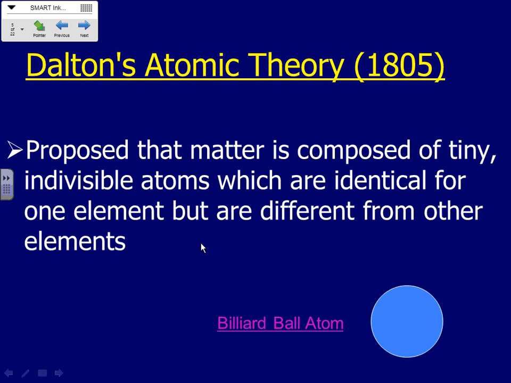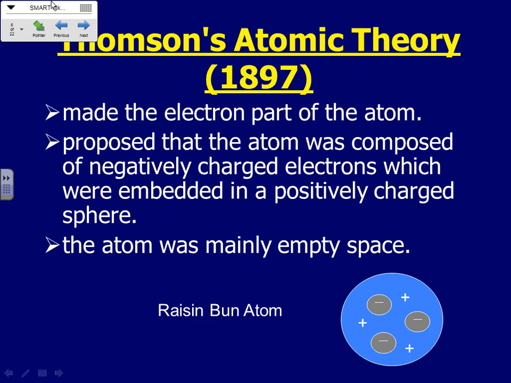He was essentially trying to explain why certain gases dissolve better in liquids than others. He felt it was the easiest way to think of them as tiny little pieces. And then from that, this idea of atomic theory came flowing out. They're identical. They have no features. Hence, we call them the billiard ball atom. It was essentially the beginning of what we consider to be atoms.